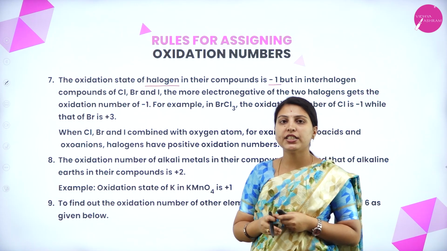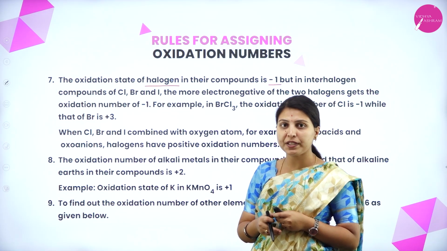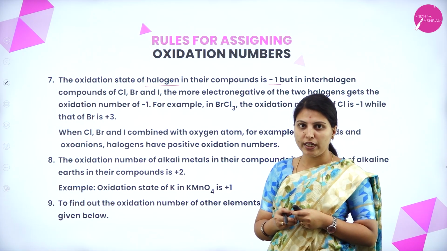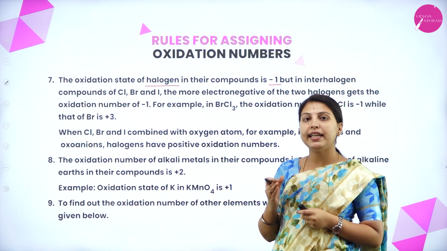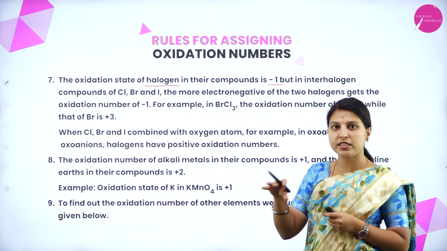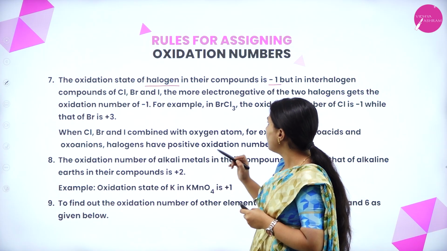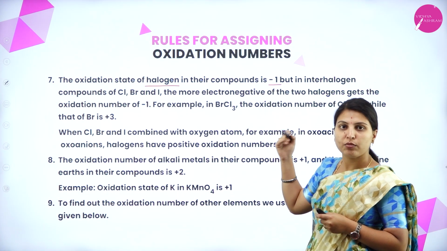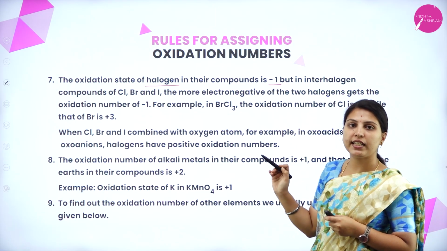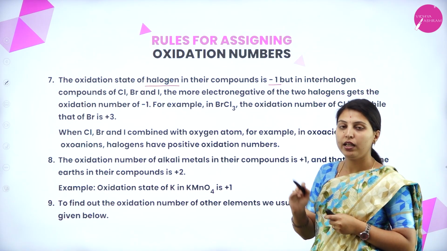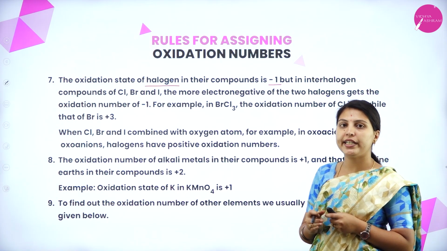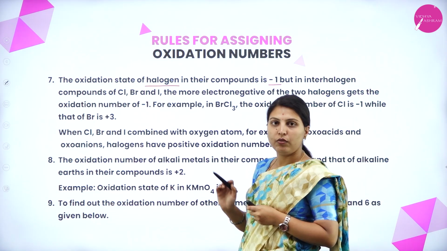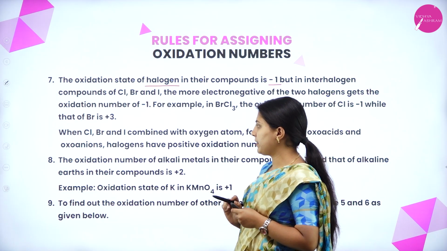Usually the oxidation state of a halogen, that is group 17, will be -1. But if it is present in interhalogen compounds, that is mixed halogen compounds, then the more electronegative one will be considered -1, and the less electronegative element gets the respective positive oxidation number.